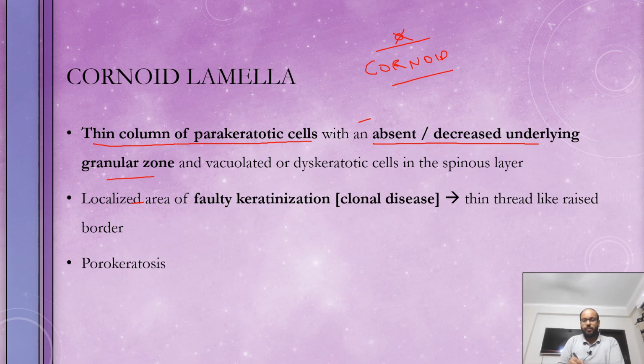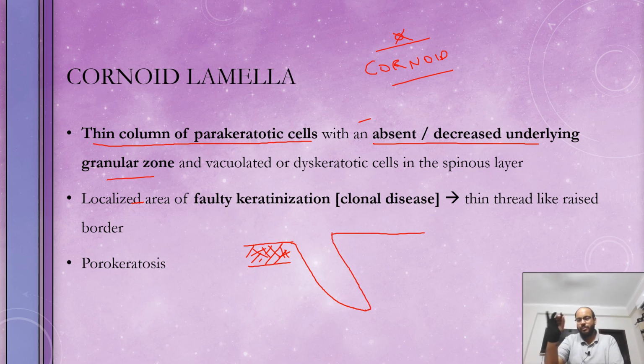Okay, so what actually happens is this is the normal stratum corneum. Let's say it is basket weave normally. And then you have an invagination, not exactly an invagination, but a column, a pillar. Columns and pillars are different architecturally, but just for the understanding, you will have a column of parakeratotic nucleated cells.